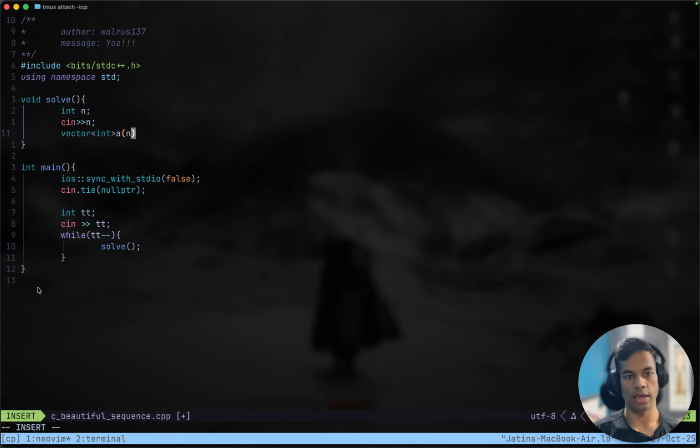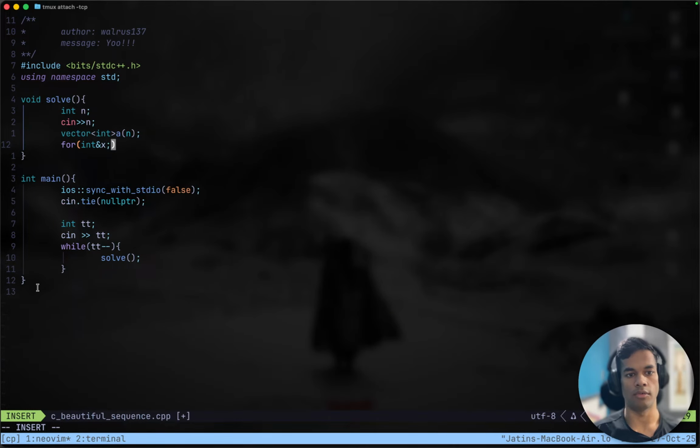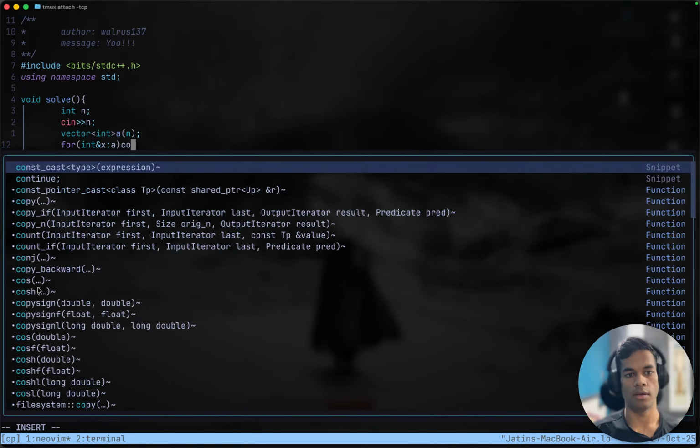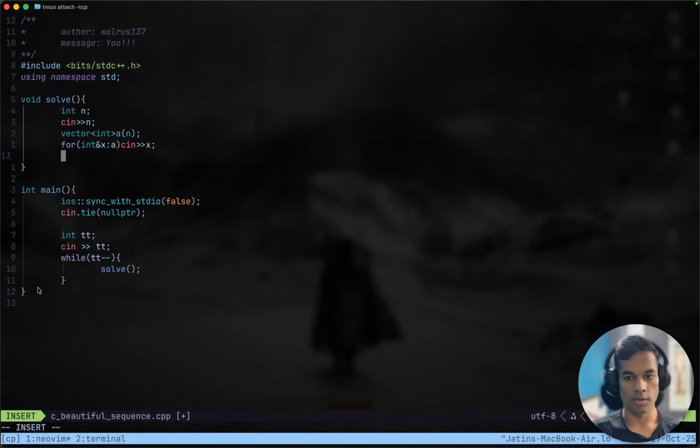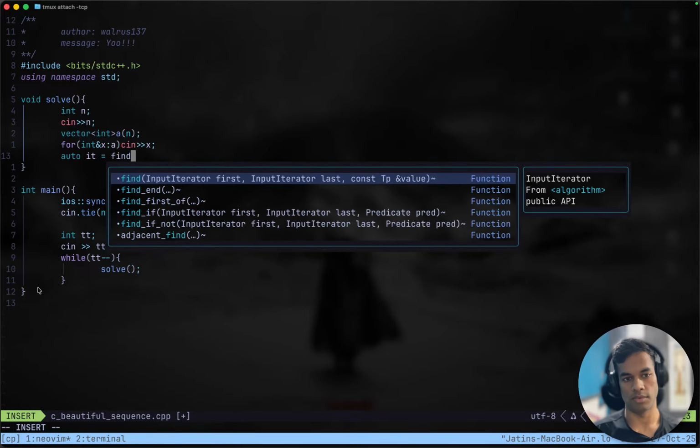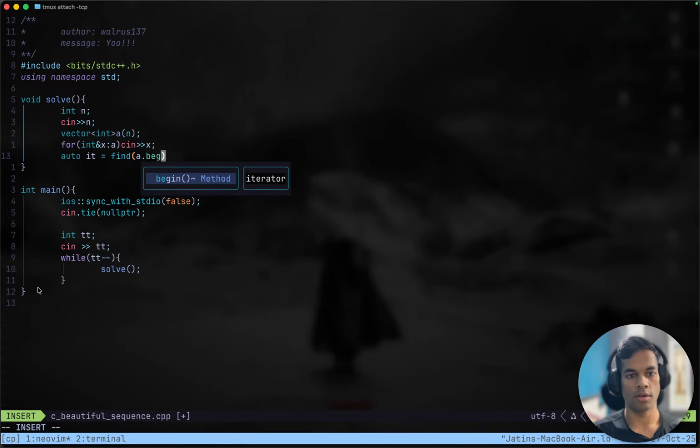Vector of size n, for each reference x in a, take x, and first we will get an iterator to the first time that we find a one in this.